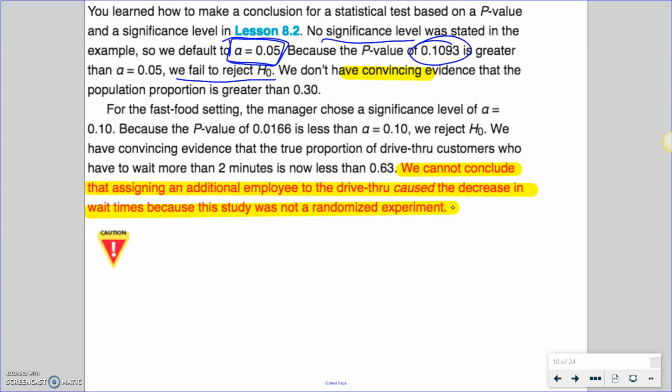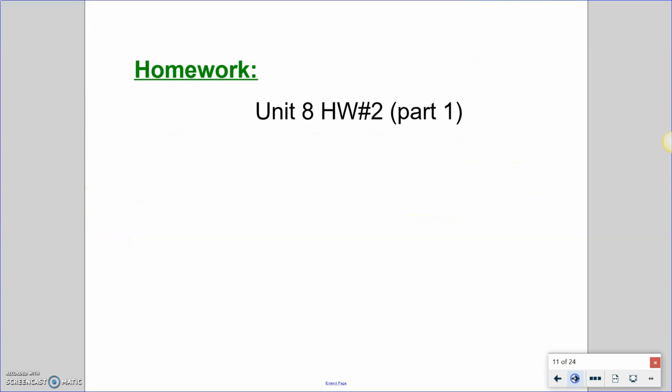When he hired that other employee, what if that employee brought a lot of morale, right? What if the manager, because he knew that 63% was so high, started changing other things in that fast food restaurant to try to make the wait time less? Just because we have evidence disproving something doesn't mean that it caused that to happen.